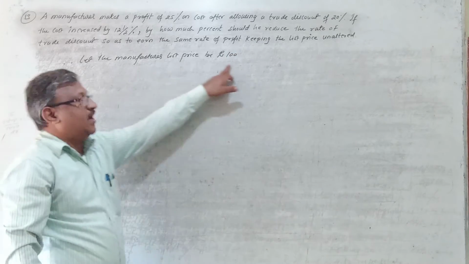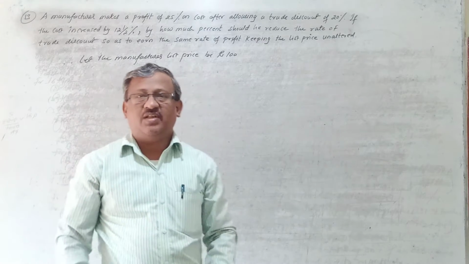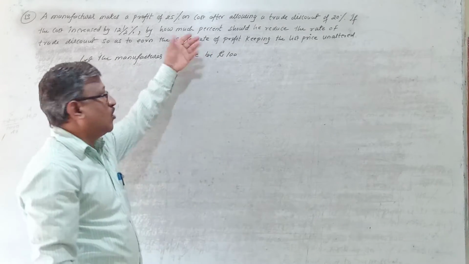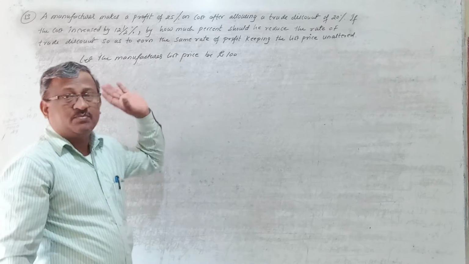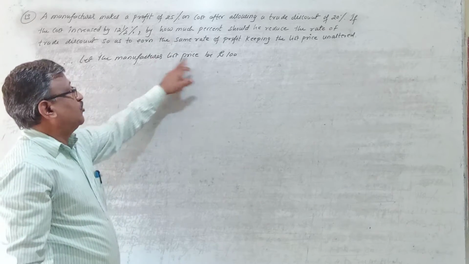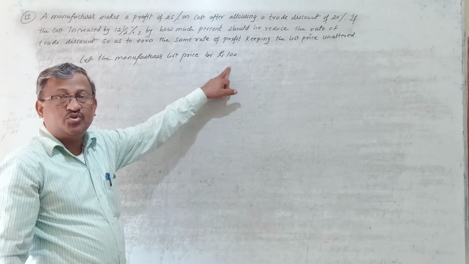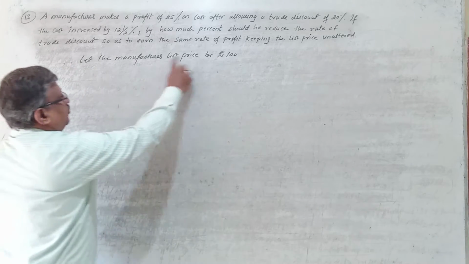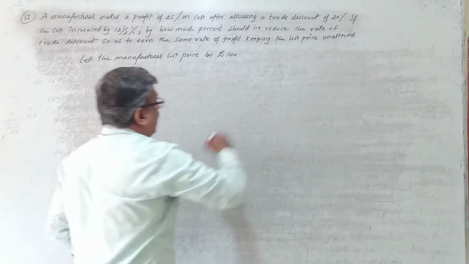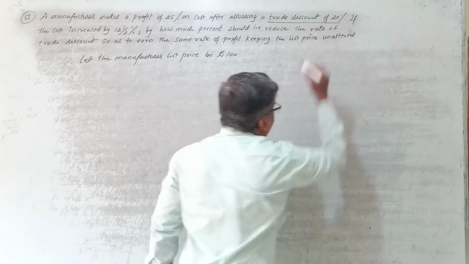The manufacturer has fixed the price of his goods for sale at, suppose, 100, because they have not given any list price. Nothing is given except the percentages. So the list price is not given, so I am going to assume it as rupees 100.